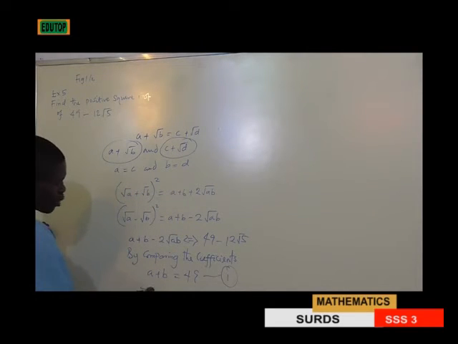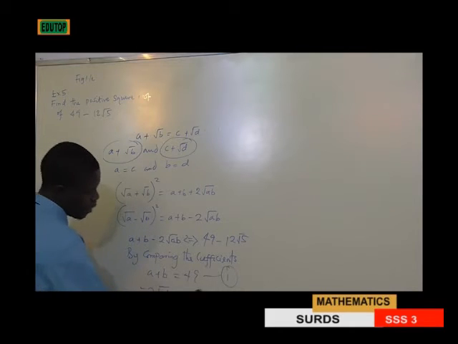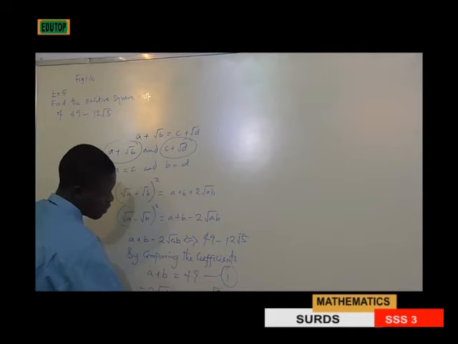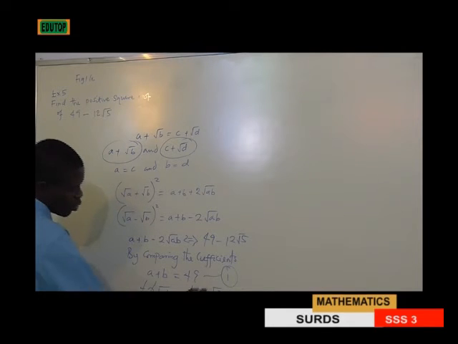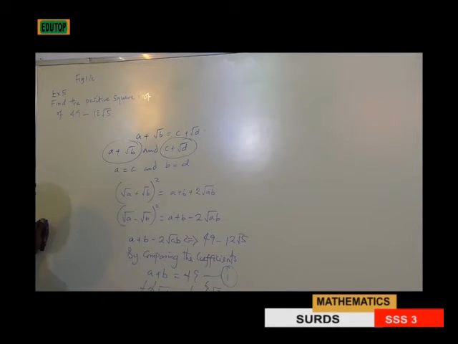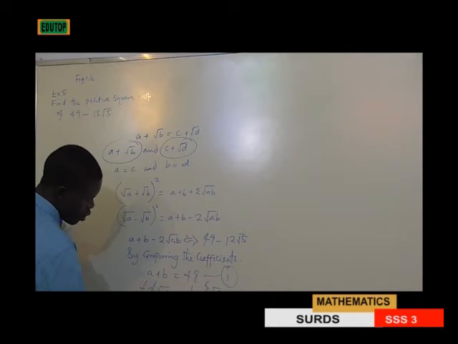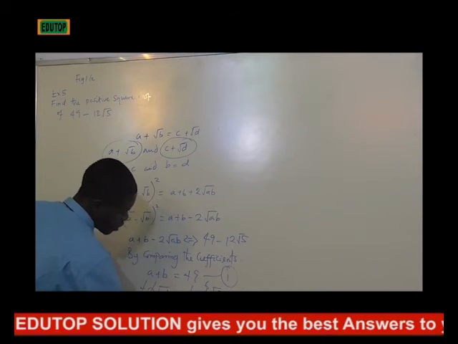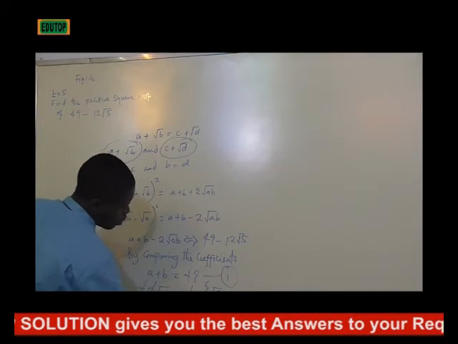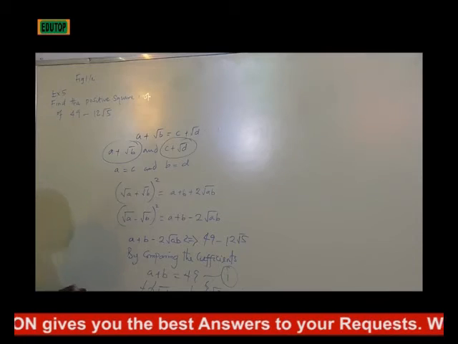Then we have minus 2 root AB, which will be equal to minus 12 root 5. We can simplify this before we name it: 2 here, 1; 2 here, 6. So automatically we can say root AB is equal to 6 root 5. That's equation 2.